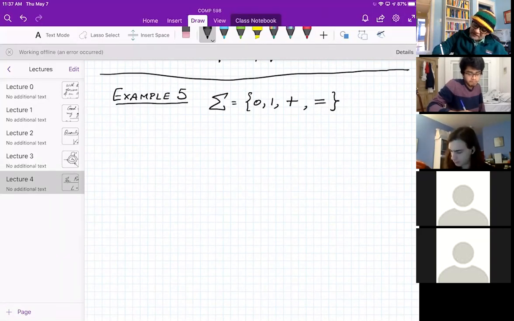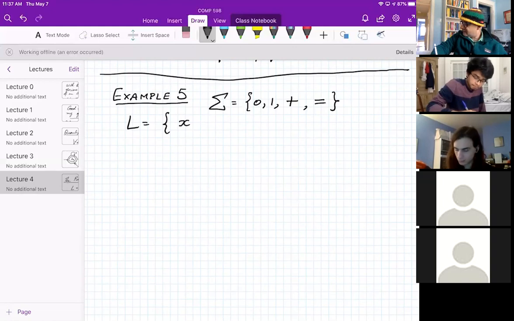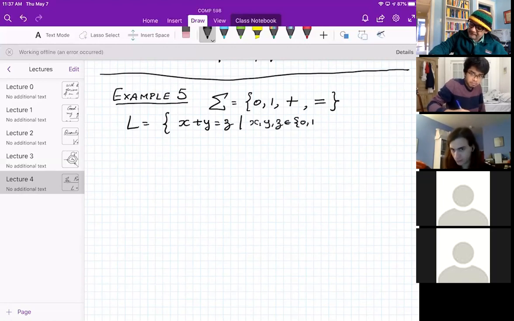And the language consists of strings of the following form: x plus y equals z, where x, y, and z are bit strings, and the equation is valid.